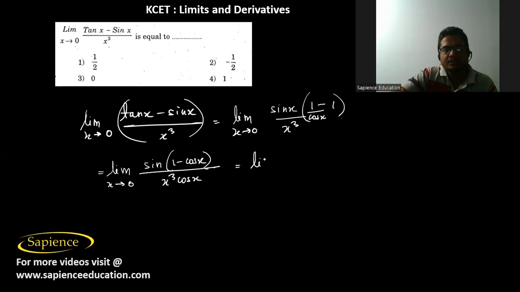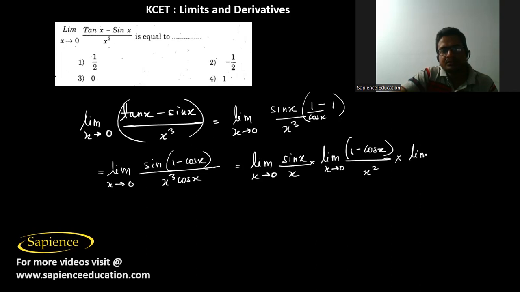So we can write this as limit x tends to 0 of sin x by x, into limit x tends to 0 of (1 minus cos x) by x square, into limit x tends to 0 of 1 by cos x.